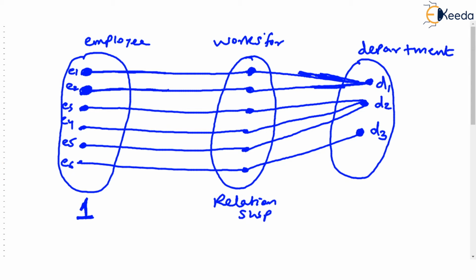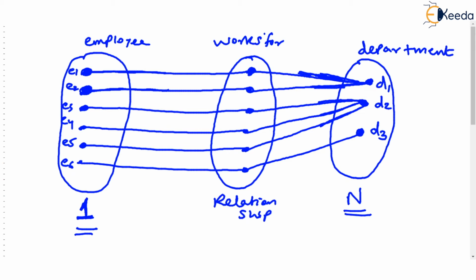We say this is many side, n side. Because see, this department is participating thrice. There can be some department which participates 10 times if that department has 10 employees. So in general, we say department is n side and employee is one side.